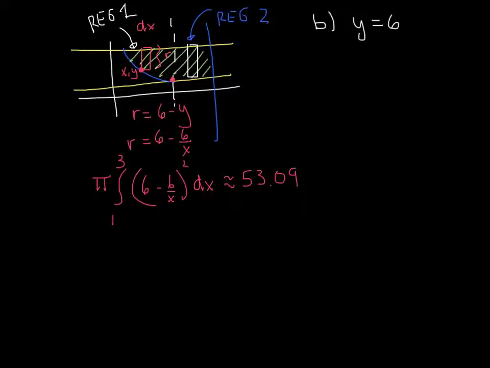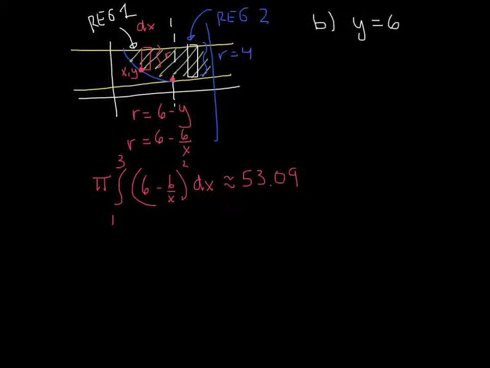Now, region 2, there's a couple of ways of doing this. You could use calculus: you could integrate the radius. The radius here would simply be 4, right? 6 minus 2.